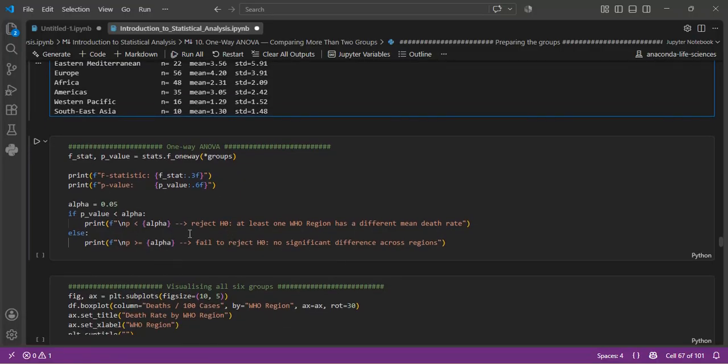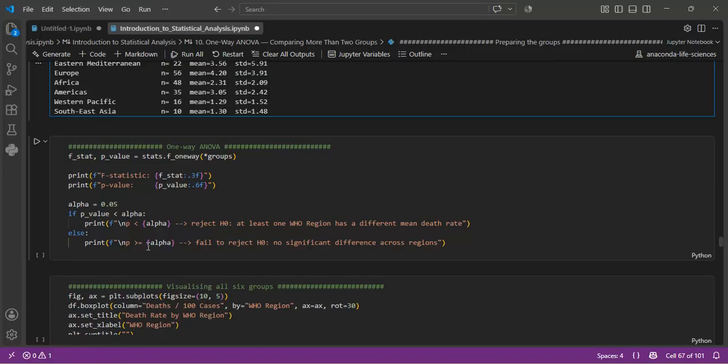Now we create a condition to help us decide whether we are supposed to reject the null hypothesis or fail to reject the null hypothesis. And the condition has been the same since previous. So if the p-value is less than alpha, then we will reject.